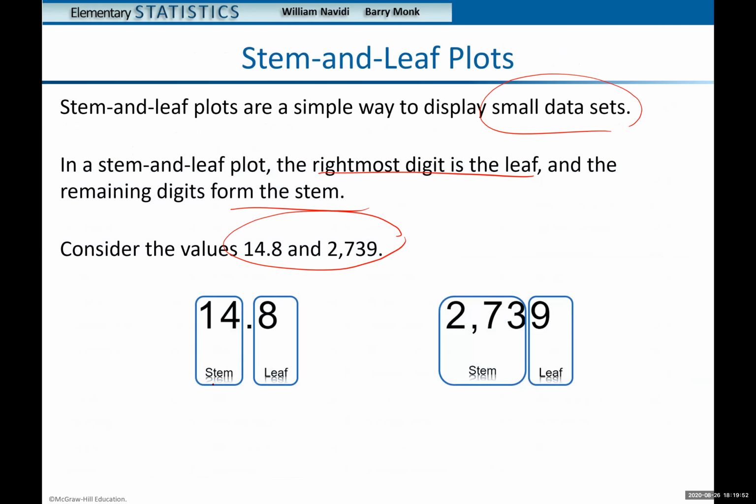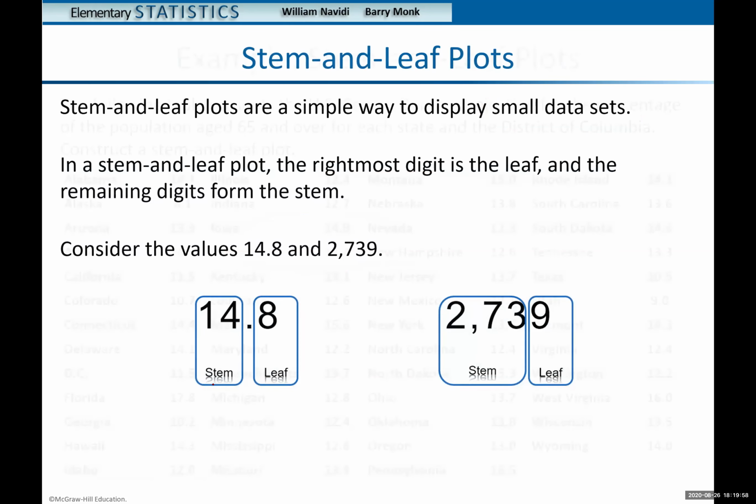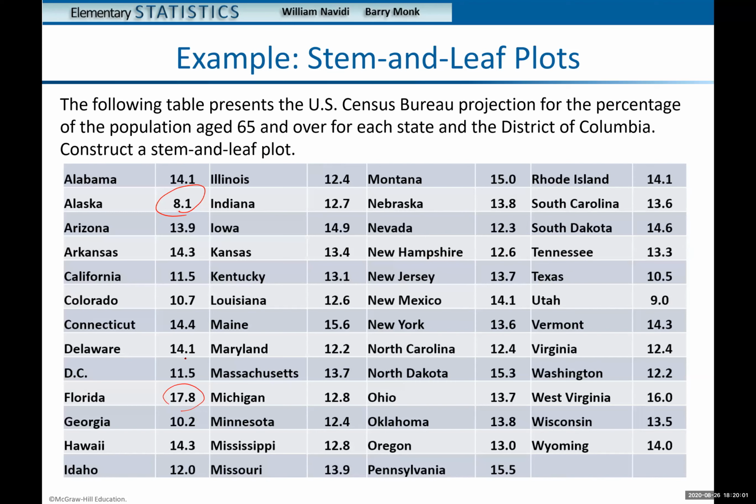This is 14.8. You have a stem here, 14, and the 0.8 is a leaf. So stems are from 8 to 17. You're going to write down 8, 9, 10, 11, 12, 13, 14, up to 17.